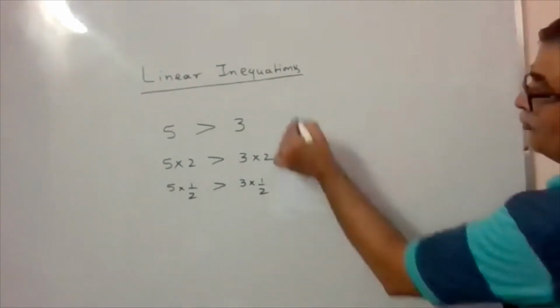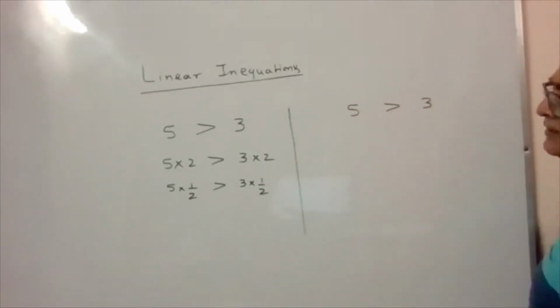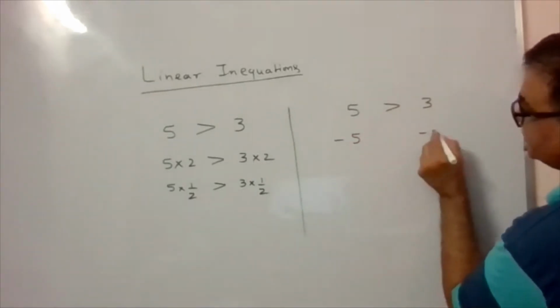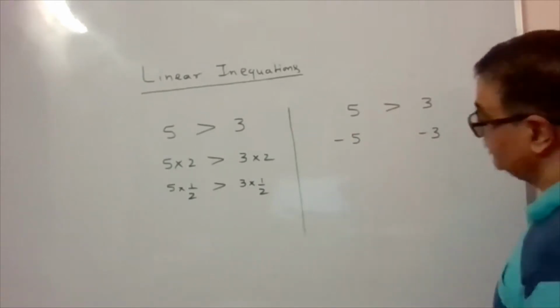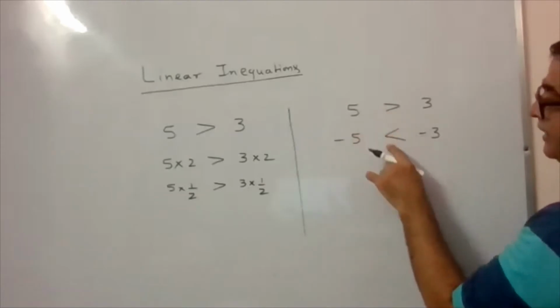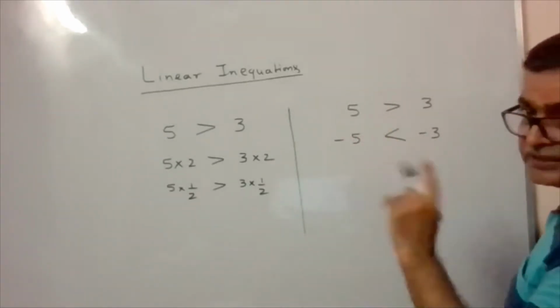But when you multiply a negative number on both sides, for example, I'll multiply -1 on both sides, then it will be -5 here, this will be -3 here. Now which will become bigger? -3 will become bigger. So the sign gets reversed.